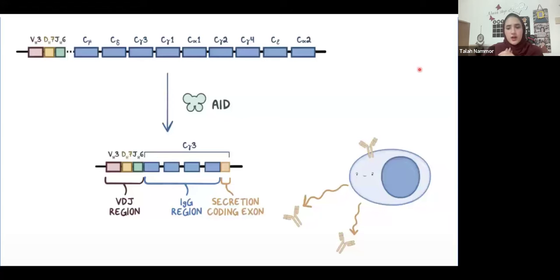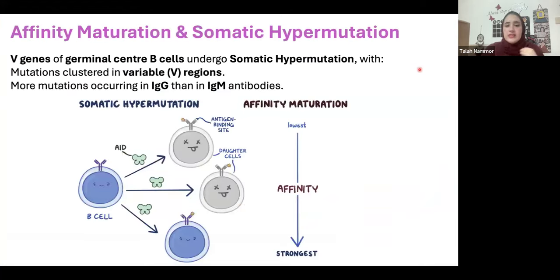Okay, perfect. Now, another thing that we said is influenced by this interaction between CD40 and CD40L is something called affinity maturation and somatic hypermutation. It sounds complicated, but it's so easy, guys.